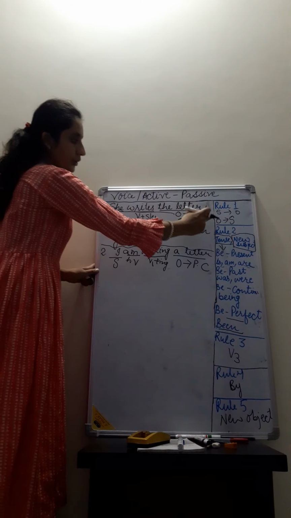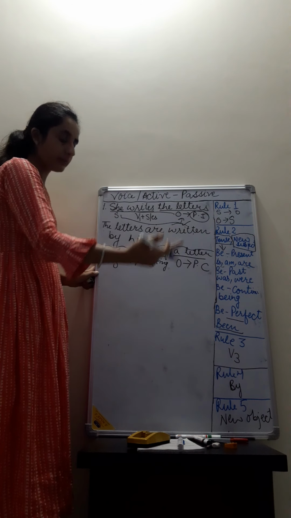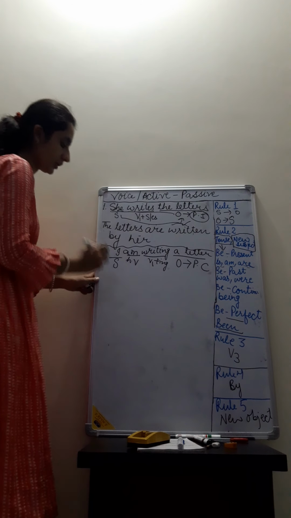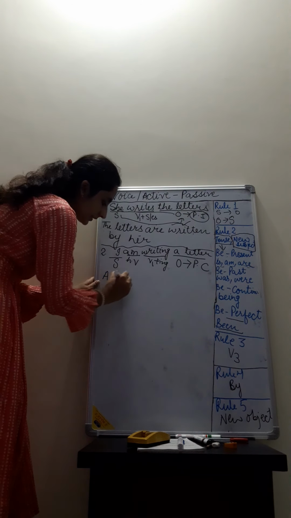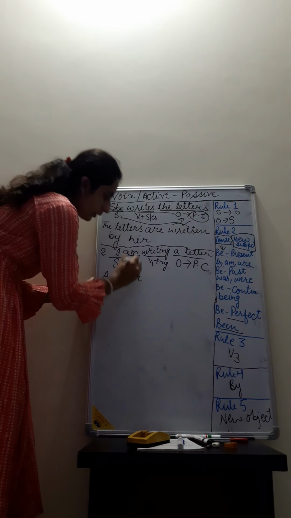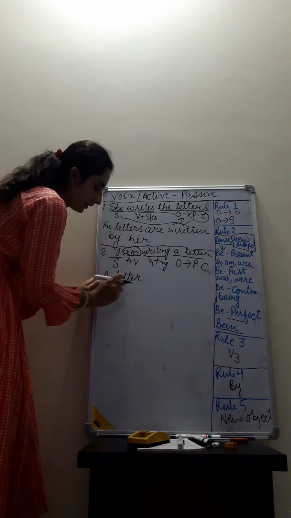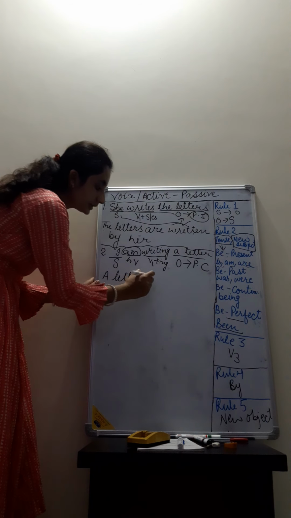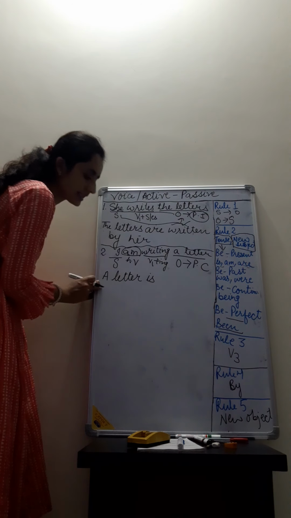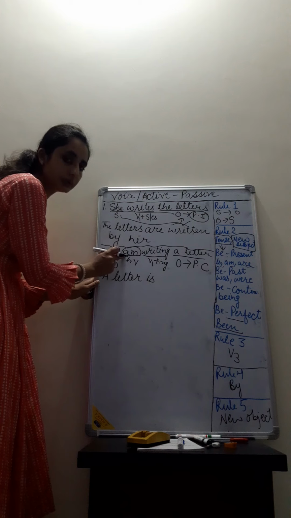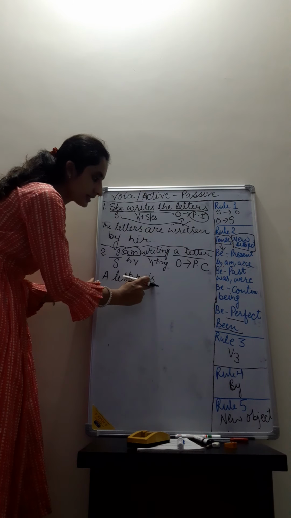So according to the first rule, subject will change to object, object will change to subject. A letter. So we cannot use am here. With a letter we have to use is, because a letter is singular. With I we use am. A letter is.